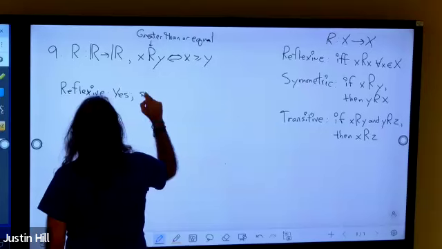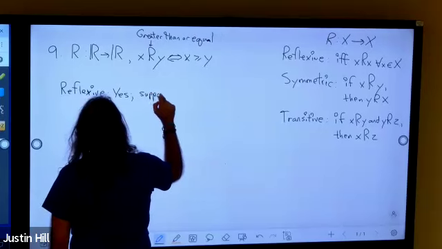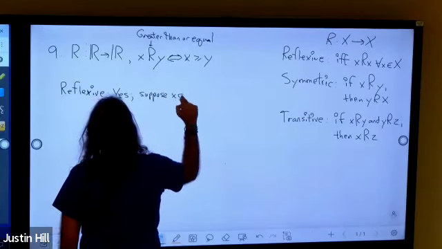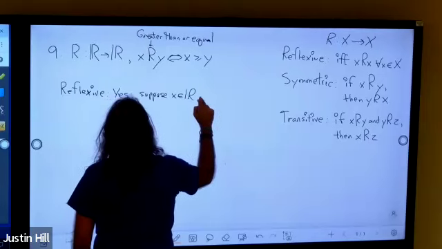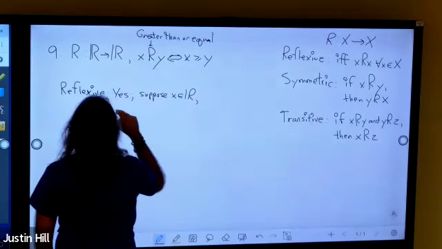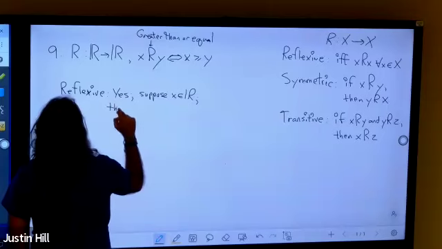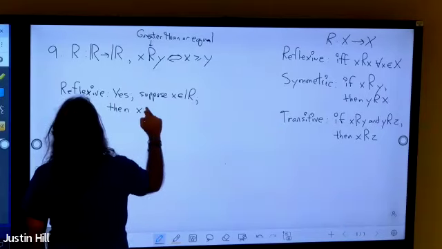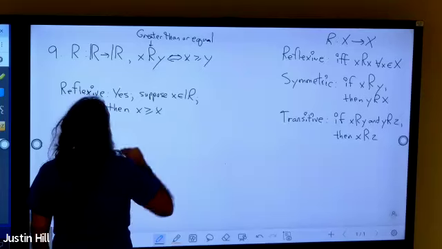So I'm going to start out, suppose x is a real number. Then surely x is greater than or equal to x.